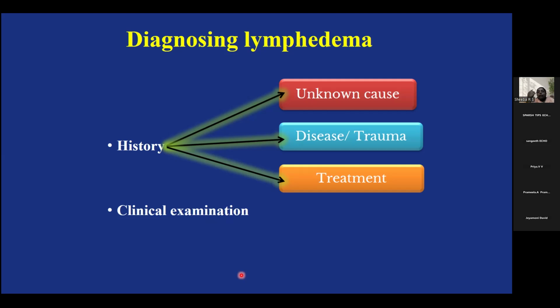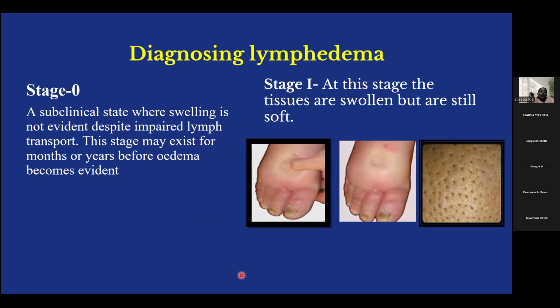And then you have to do the clinical examination. Coming to the clinical examination, it has been classified into four stages, starting from stage 0. Stage 0 is a subclinical stage.